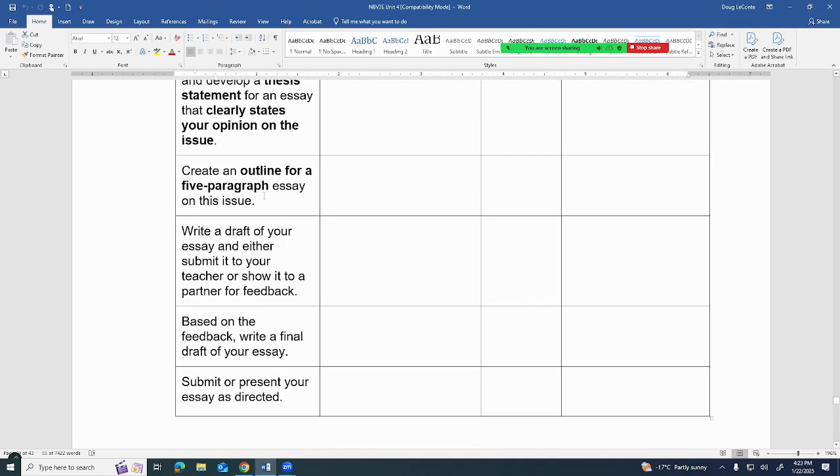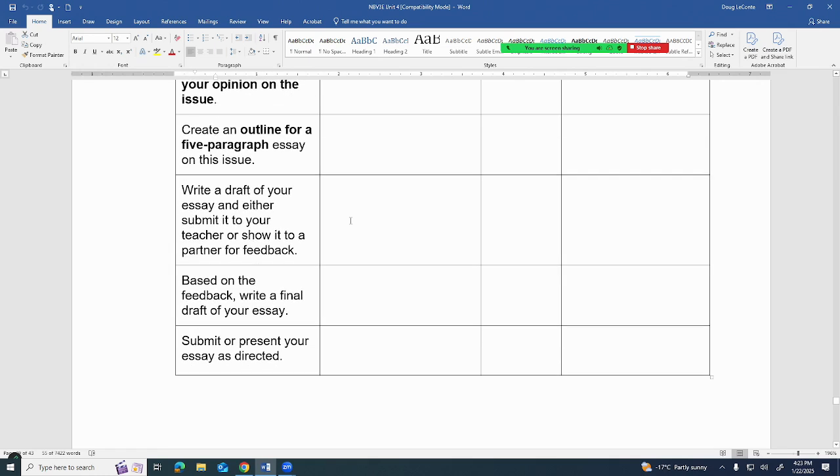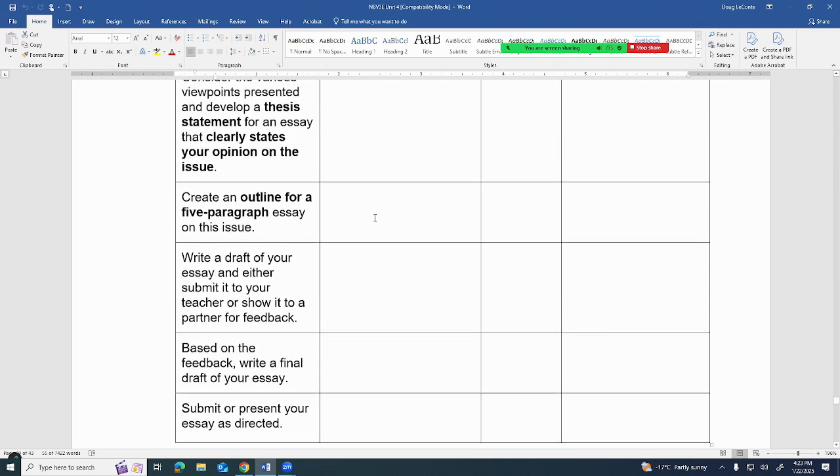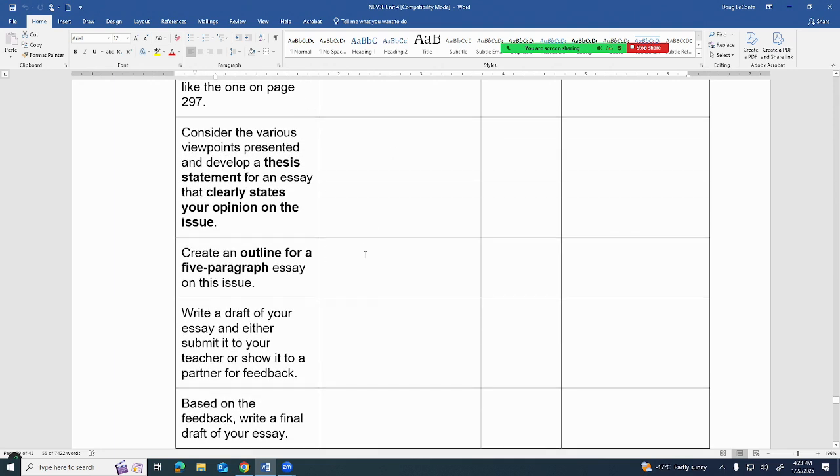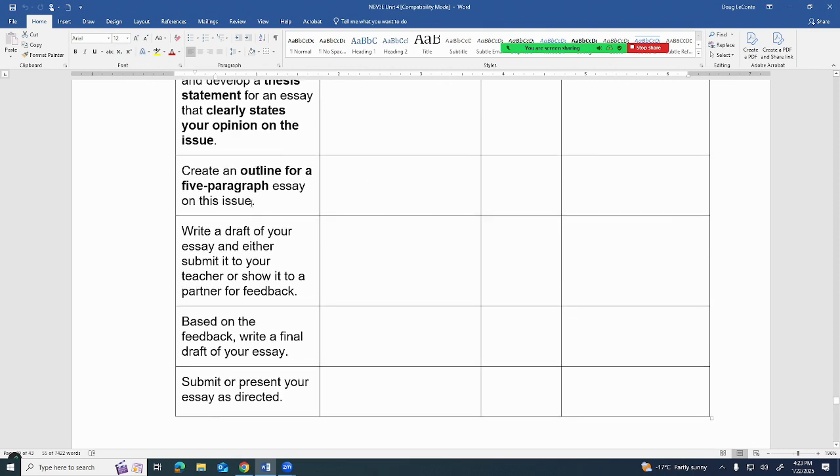Create an outline for a 5-paragraph essay on this issue. So with the outline, we're following what's called the writer's process, right? We haven't really looked at that in this course. We do in grade 11 and 12 English courses, and we haven't had an essay, but if you're going to write an essay in whatever course, you still have to follow the writer's process.